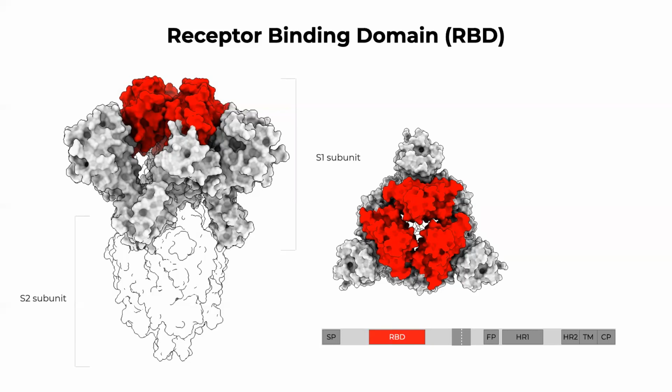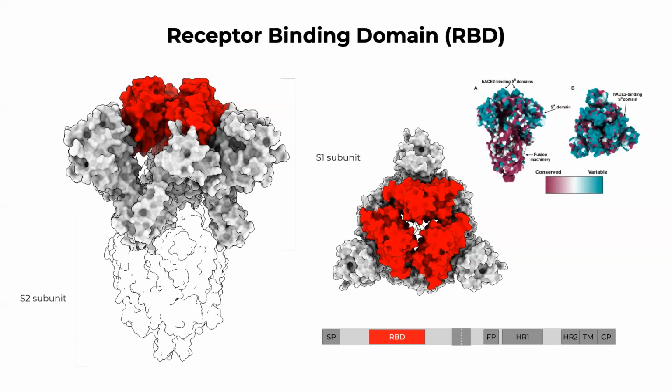For example, one of the things that we do know is that if we take all of the different sequences from different coronaviruses, in general, that whole region is more variable, right?